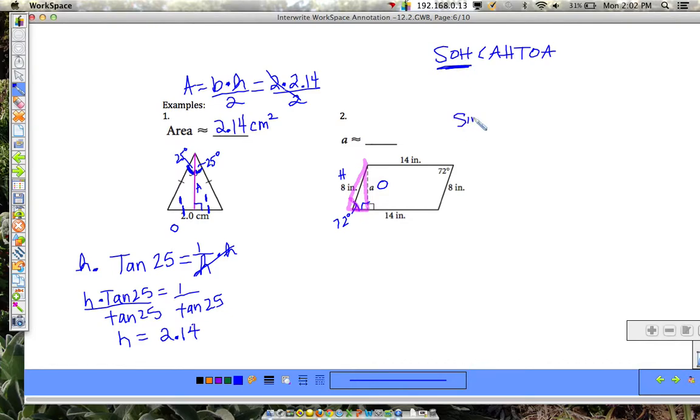So I can say the sine of 72 is going to equal A over 8. Then I can multiply both sides by 8. So I'd get A equals 8 times the sine of 72, which is going to be 7.61 inches, which seems very reasonable because the hypotenuse is always longest.